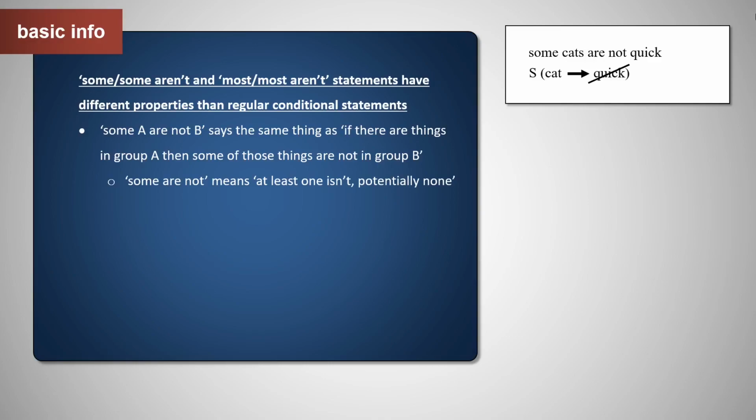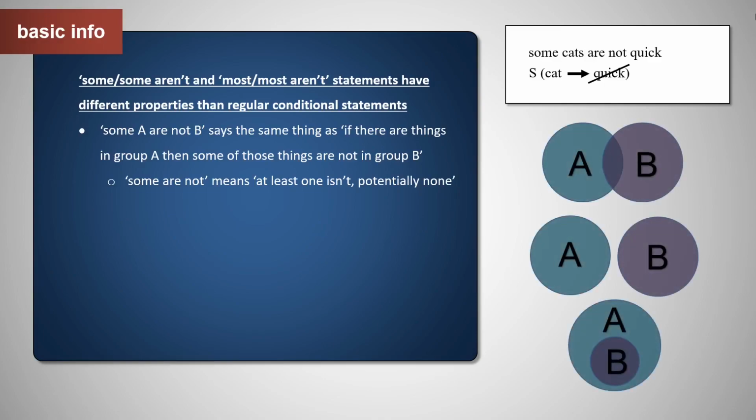And this is where it's kind of consistent with your expectation, given that some is a little different, and so some are not is also a little bit different, because it implies specifically potentially none. So if you say some cats are not quick, you could be saying that there are no cats which are quick, just by virtue of what some are not means.